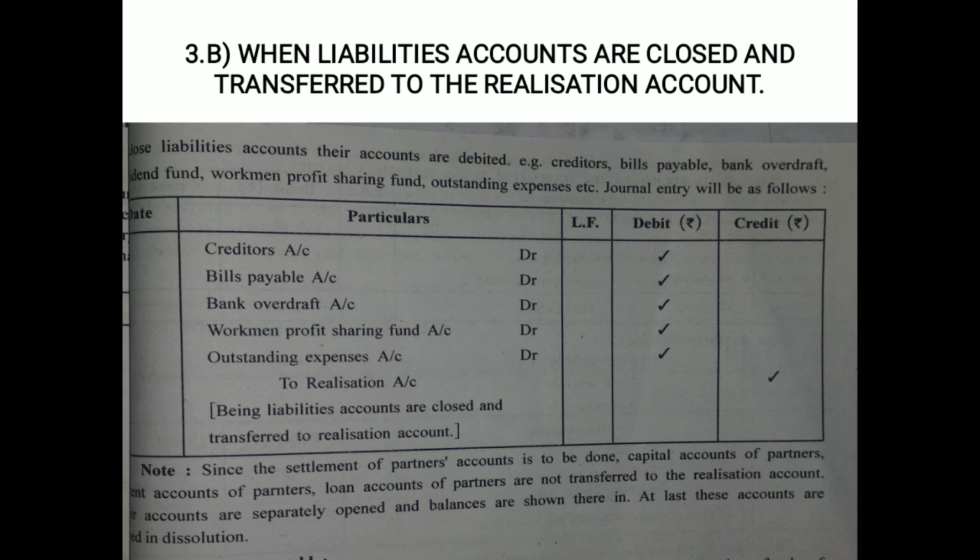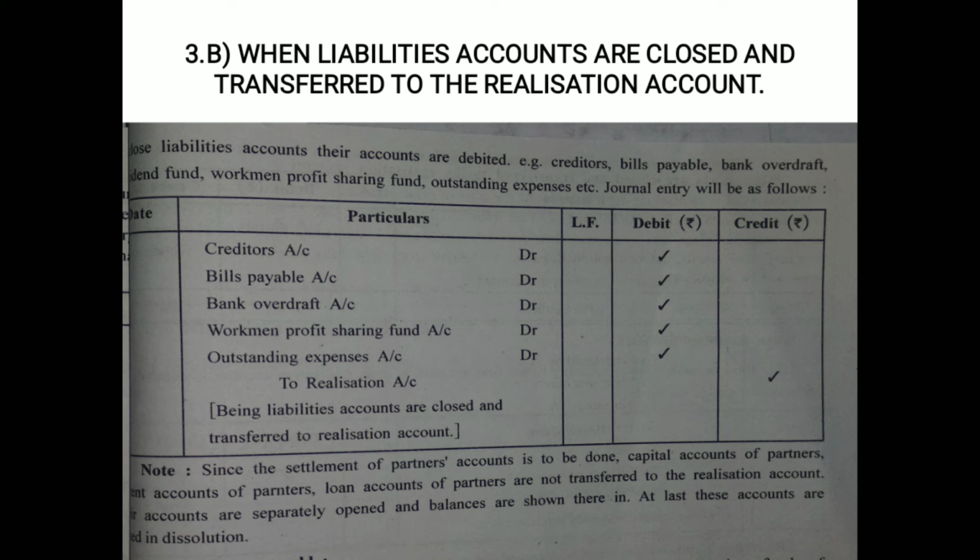So here you can see all the liabilities have been debited and realization account is credited. Right? So this is the journal entry for closing liabilities account. They are all closed and transferred to realization account.